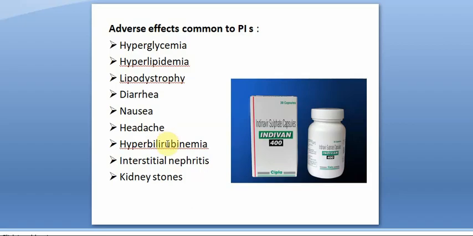In certain cases it will increase the bilirubin levels, that is referred to as hyperbilirubinemia, and that can result in jaundice sometimes. Next is nephritis. Most of the time it can cause inflammation of the nephrons. Then kidney stones can also be one of the major side effects of protease inhibitors.